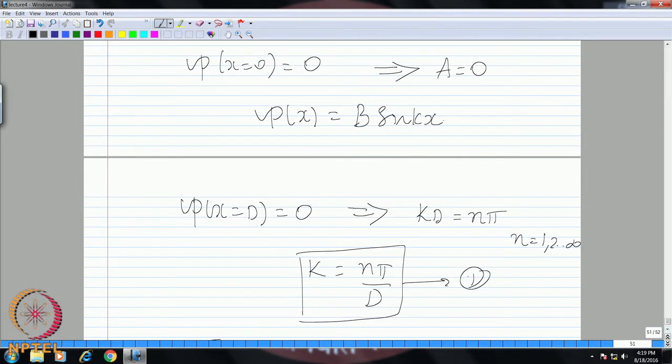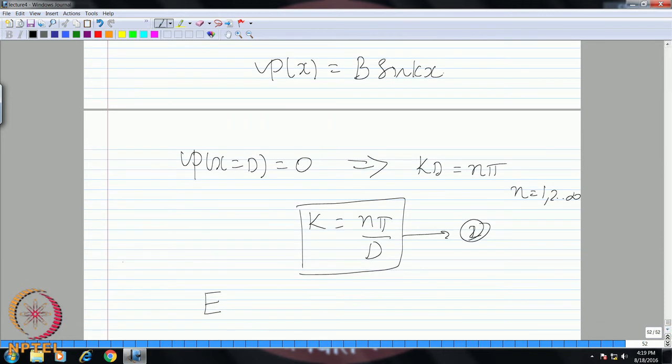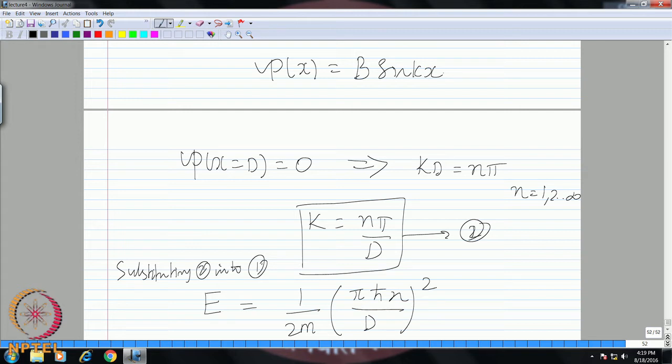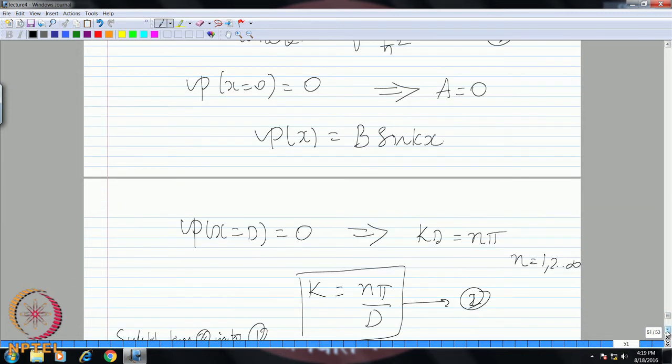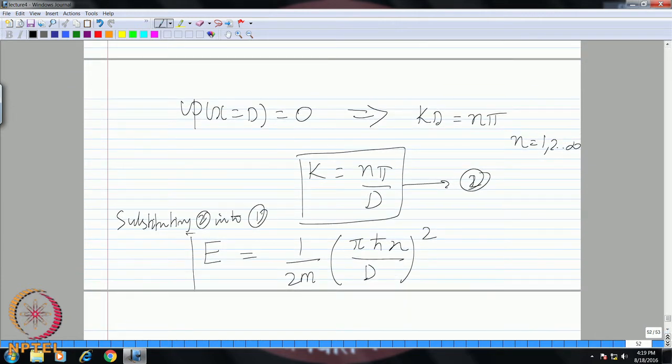So, substituting 2 into 1, what do you get for E? n square pi square h bar square upon 2m. Okay. So, I am just going to rewrite it like this: E equals pi h bar n by capital D, the whole square, upon 2m. That okay? So, this is your energy.